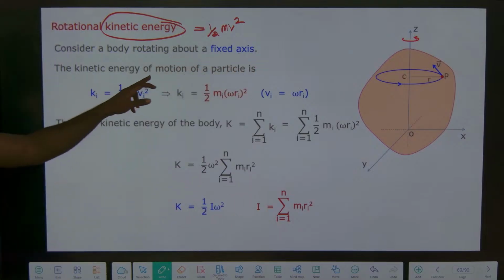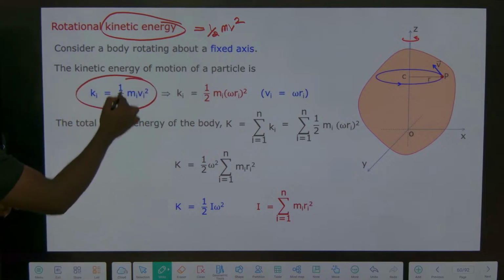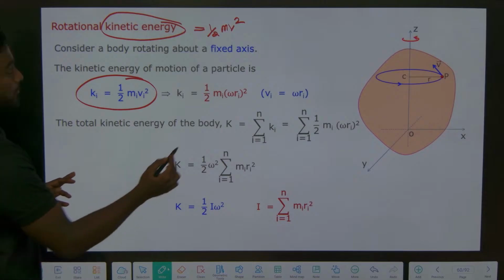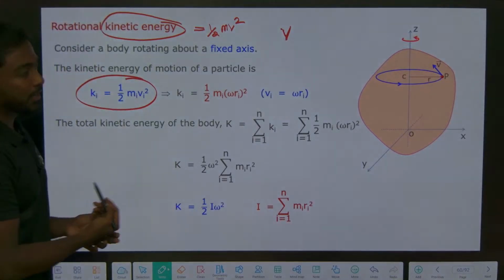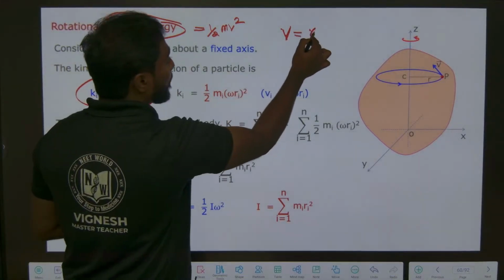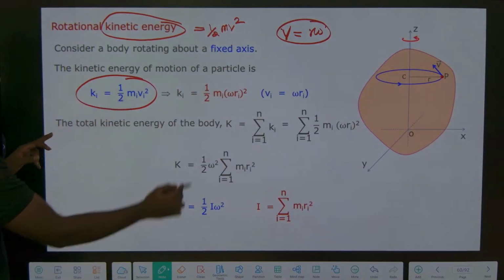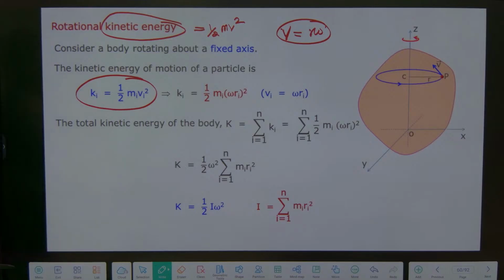So the kinetic energy of the motion of a particle is half m vi square initially. We know that linear velocity and angular velocity are related, v equals r omega. Can I substitute those values here? So half m into (r omega) the whole square, right?